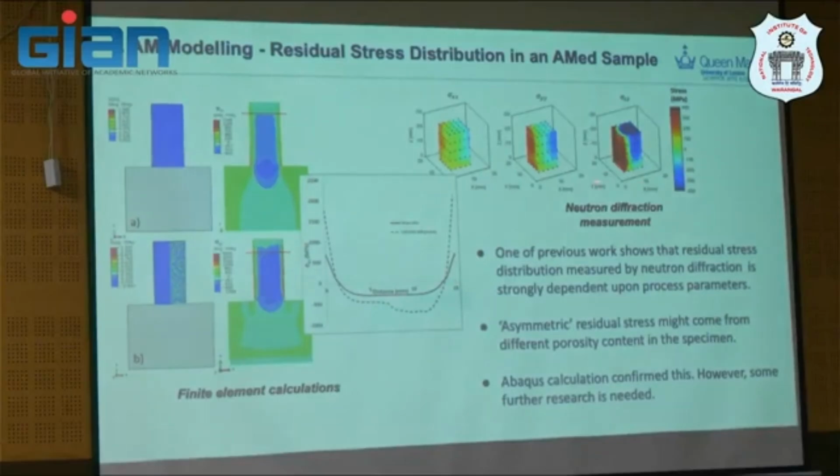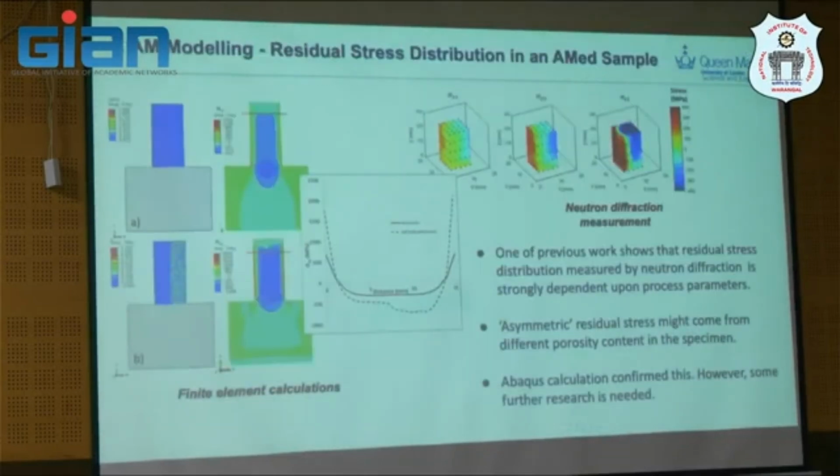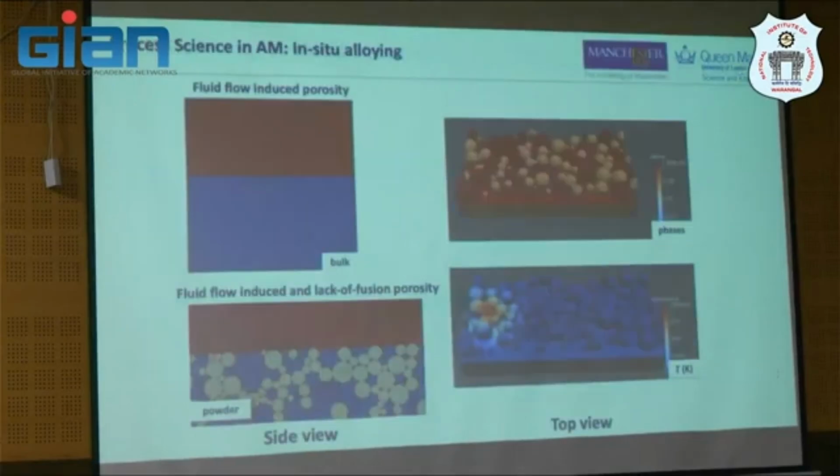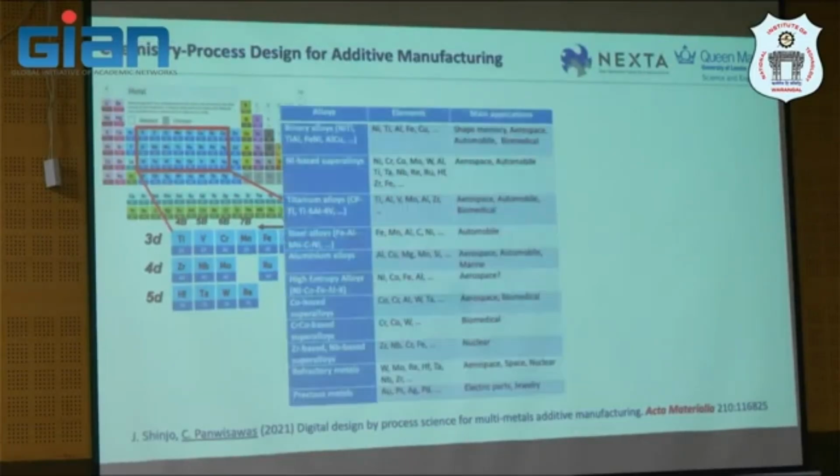For example, under a bad condition that contains some porosity, your residual stress profile will change, as the dashed line here shows. This asymmetry can be captured as well using Abaqus simulation. I will talk to you more about it on another day. And then we can use this to decide the chemical process design for AM.